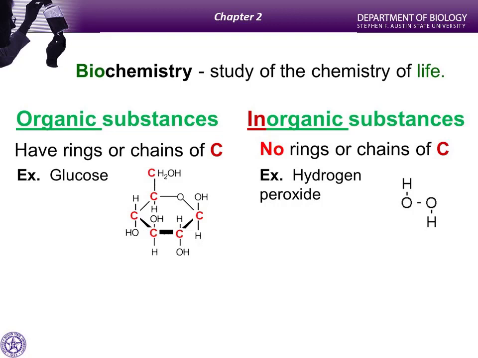Another way we can describe molecules is as either being organic or inorganic. Looking at the pictures, looking at the illustrations, what separates an organic molecule from an inorganic molecule? Carbon. Carbon is that atom that's going to help tie other atoms together into what we call organic molecules.